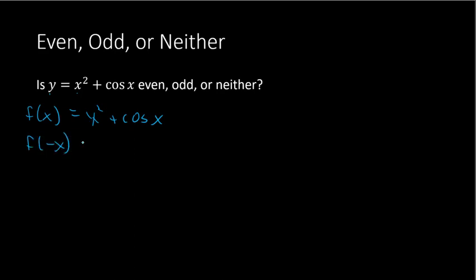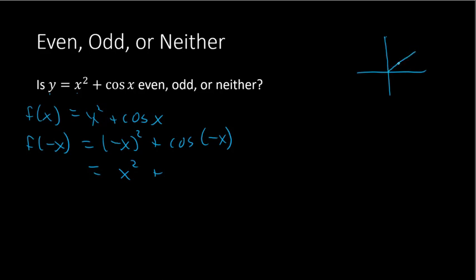So what we are doing again is finding f of negative x. If you look at f of negative x, we would replace x with negative x. So now we have negative x squared plus cosine of negative x. Negative x squared is positive x squared. And the cosine of negative x, we want to figure out how that relates to cosine of x. If you forget, you can think through this: this angle is x, this angle down here would be negative x, and how does cosine of negative x relate with cosine of x?